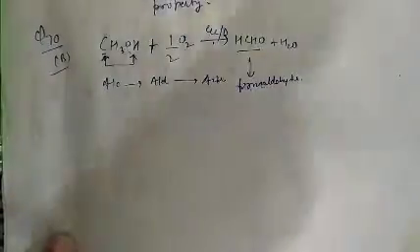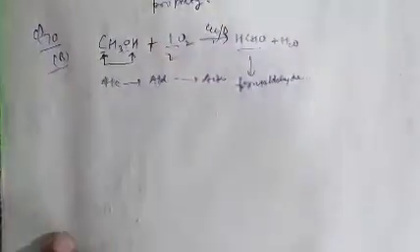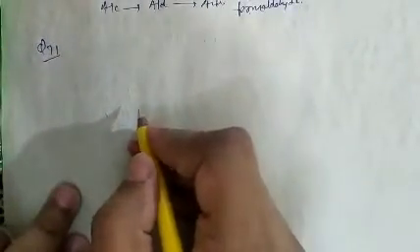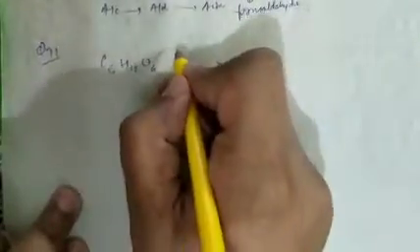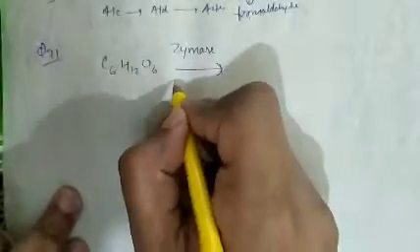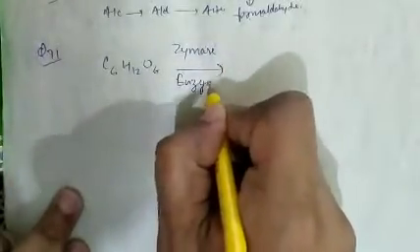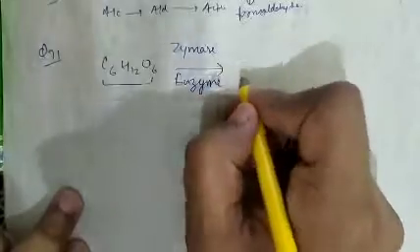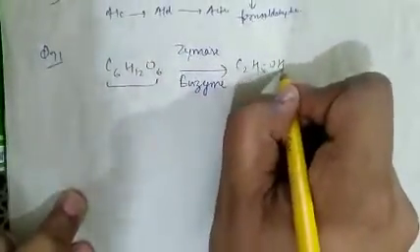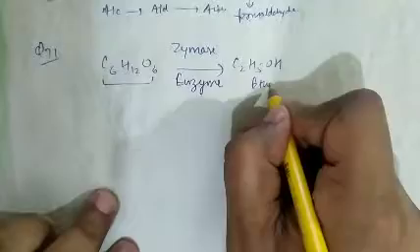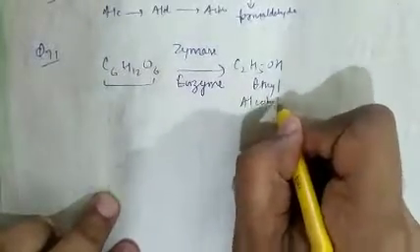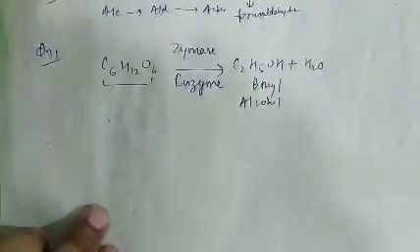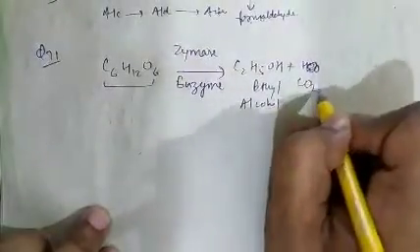See question number 71. Question number 71 is fermentation by zymase, alcohol and CO2 obtained. As we know, when glucose is used, and in glucose we use zymase enzyme, when zymase enzyme is used, then glucose decomposes into ethanol, that is ethyl alcohol, and byproduct CO2 and water is formed.